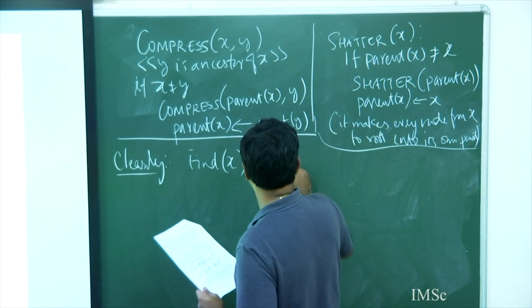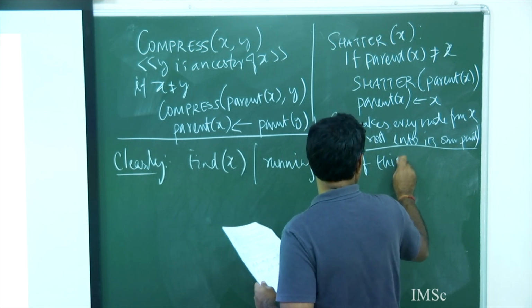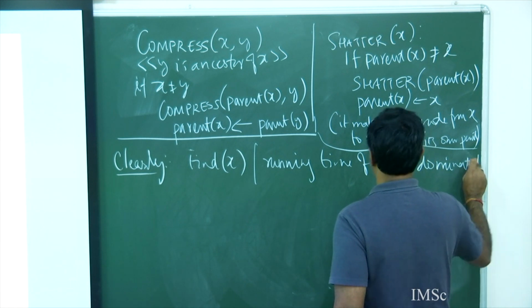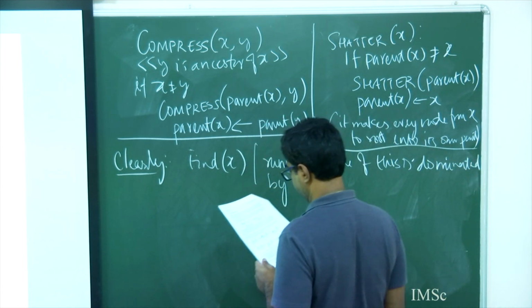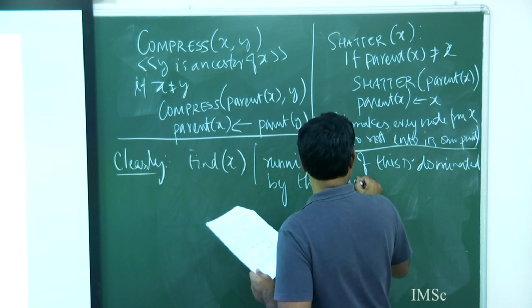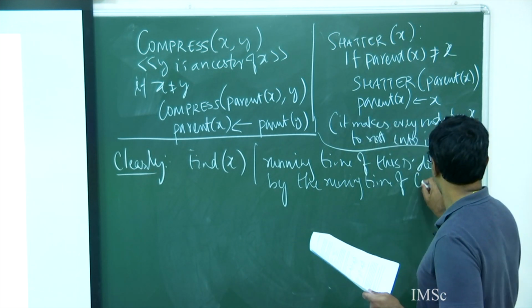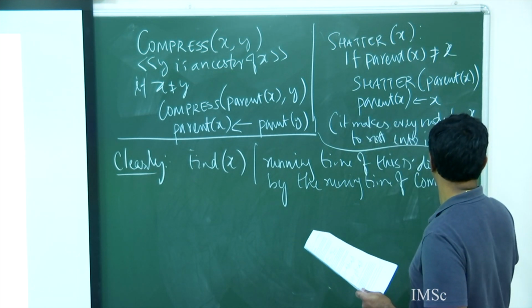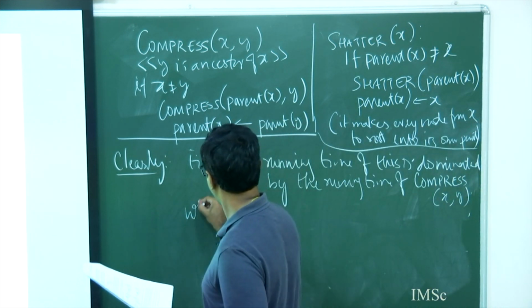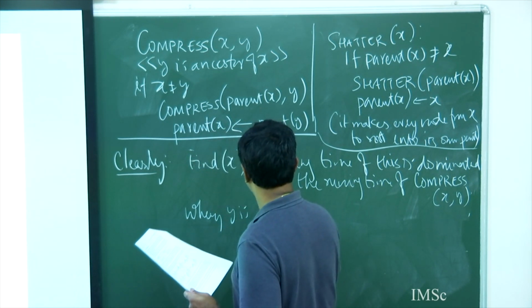The running time of this is dominated by the running time of compress x comma y, where y is the leader of the set containing x.